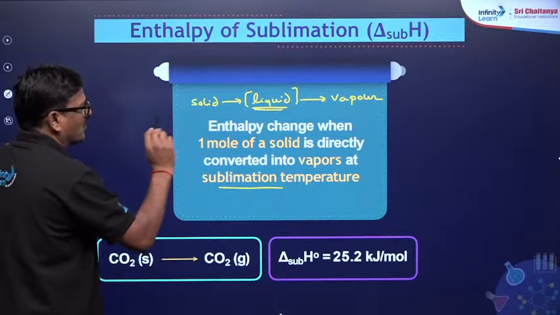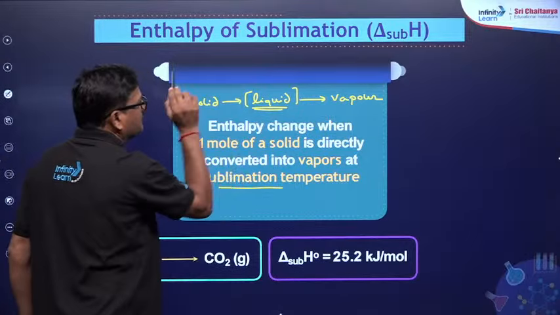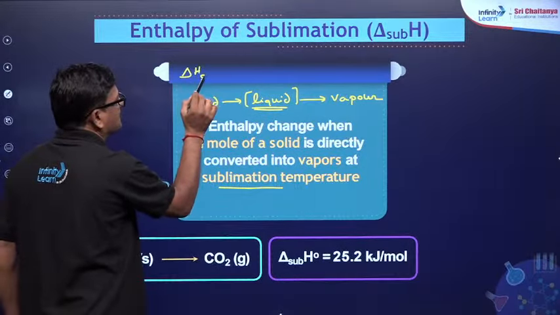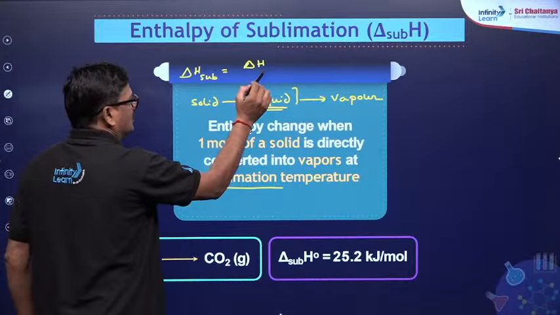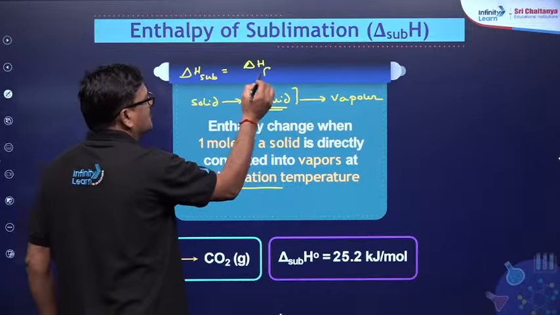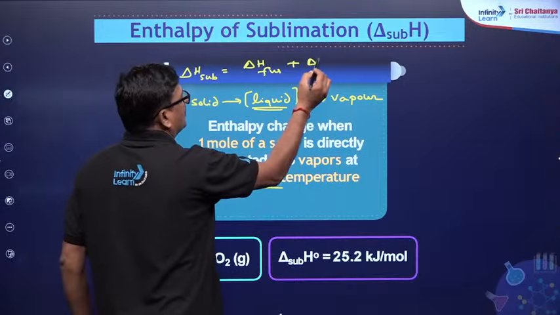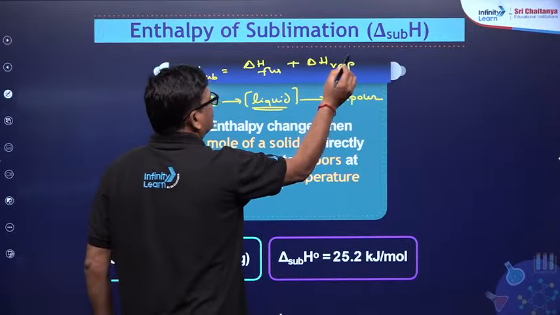So the enthalpy of sublimation is equal to the enthalpy of fusion plus the enthalpy of vaporization.